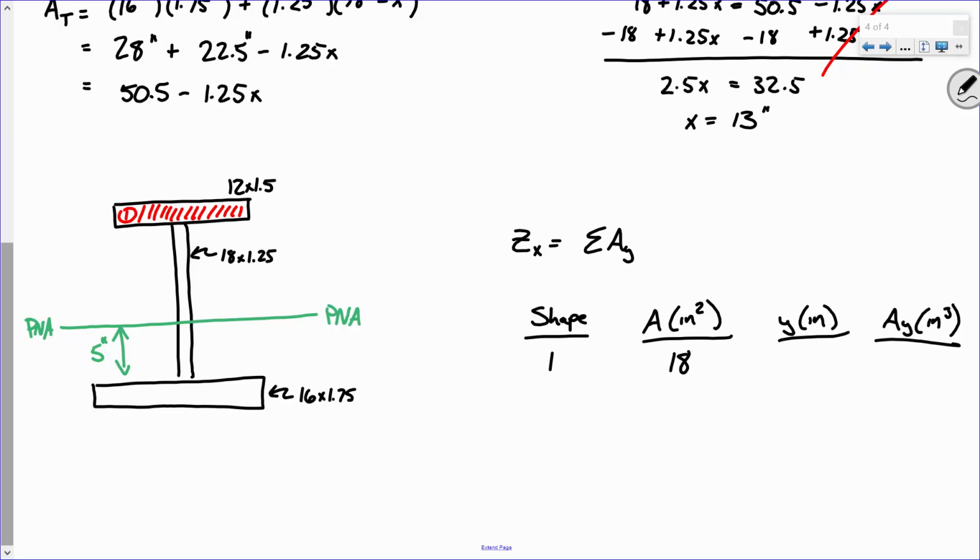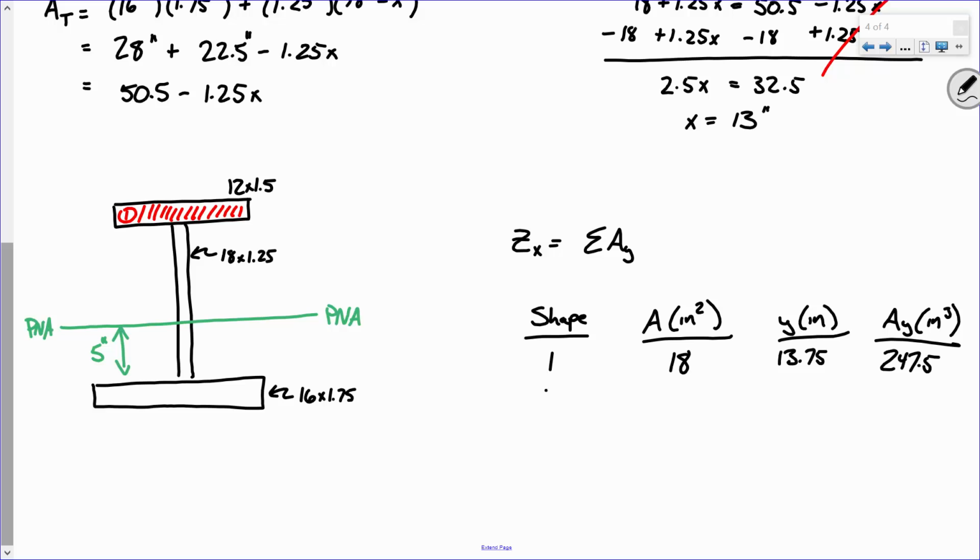Now, moment arm. How far is it from the PNA to the center of this flange? Well, it's 13 plus half that thickness, 13.75. And what is 18 times that? 247.5. Sound good?